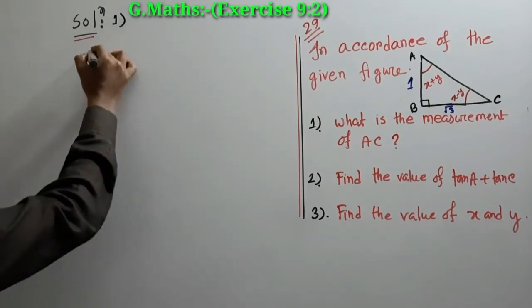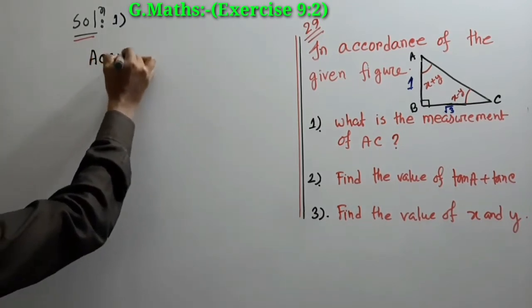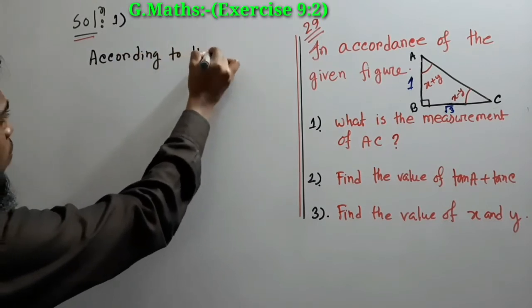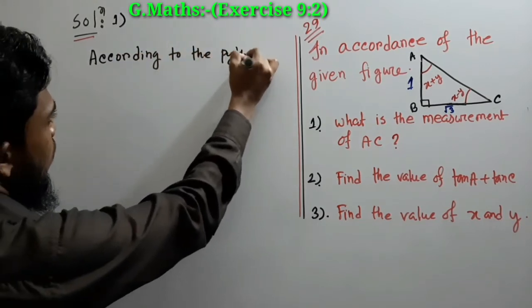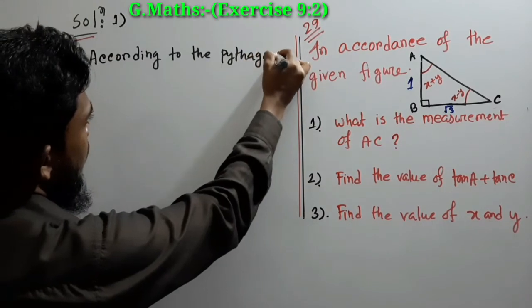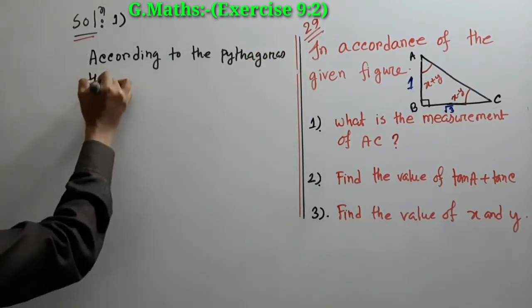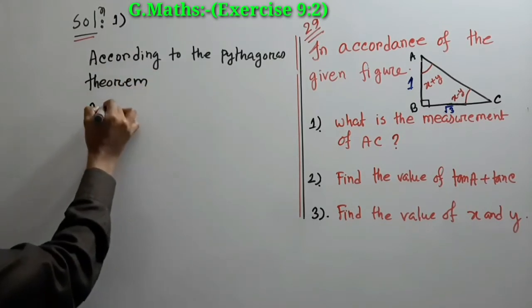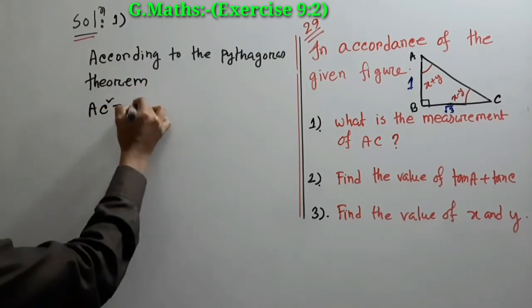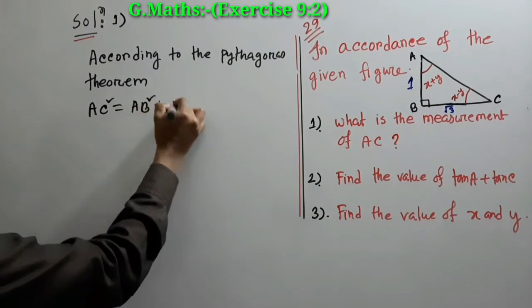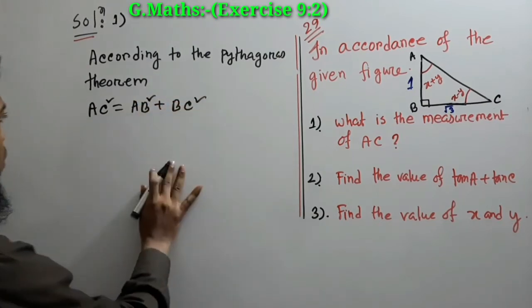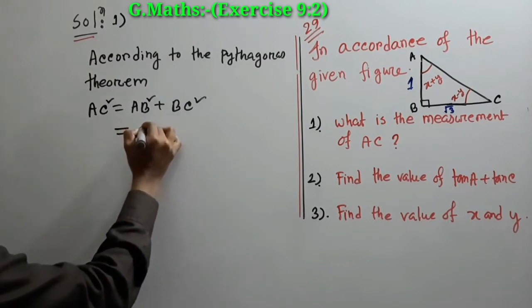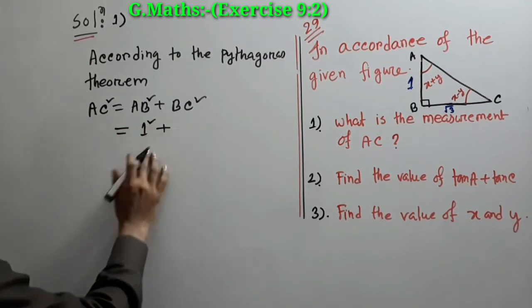According to Pythagoras theorem, AC square equal to AB square plus BC square. The value of AB equal to 1, so 1 square.